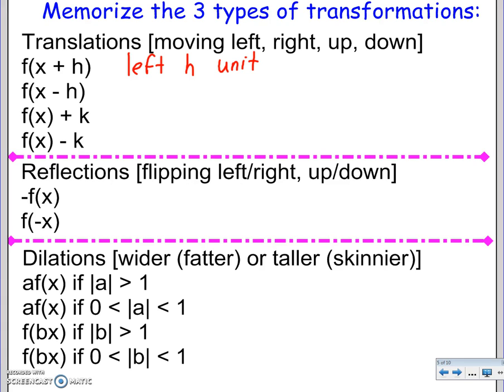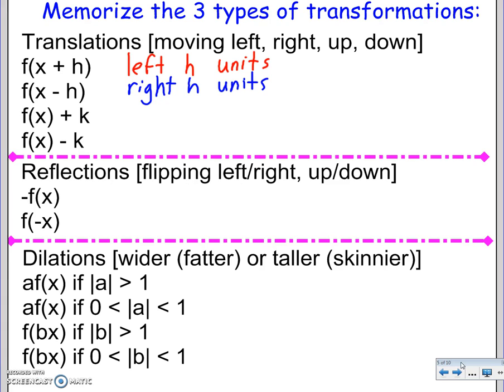So on the opposite side, if it's x minus h in parentheses, stuck with x, that means I move right h units. So if that was x minus 8, that means I go right 8 spots. This next one, f of x plus k.